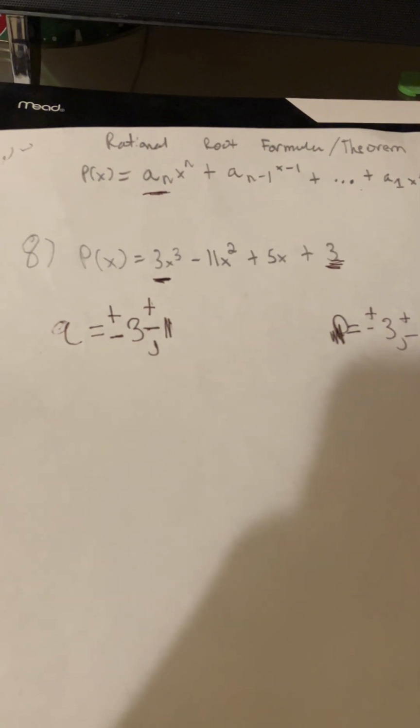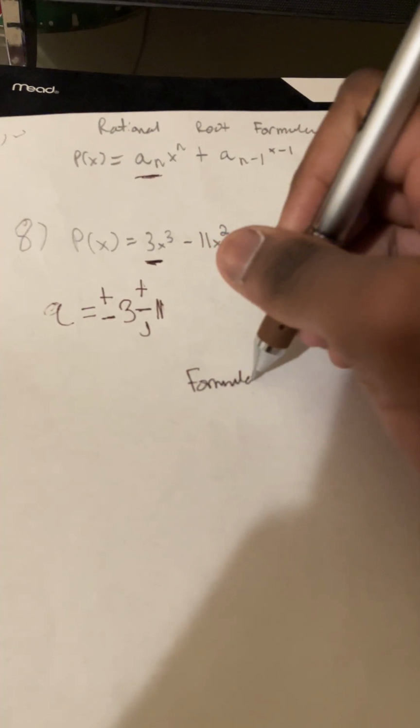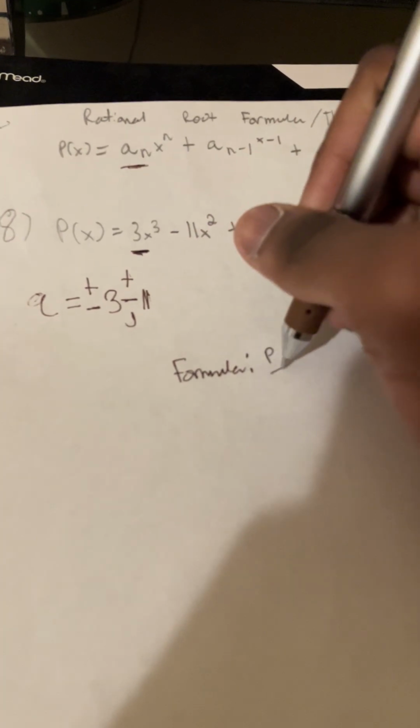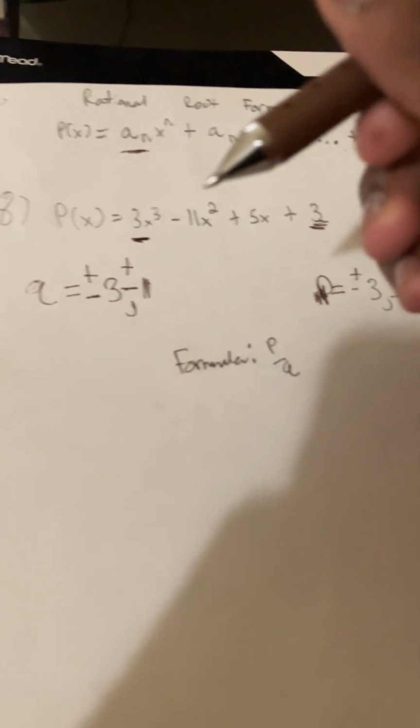So we're going to want our formula to be p over q, and we're going to list out all our possible rational zeros.